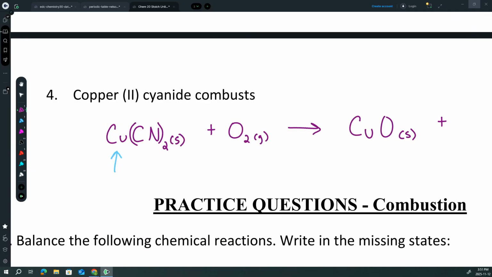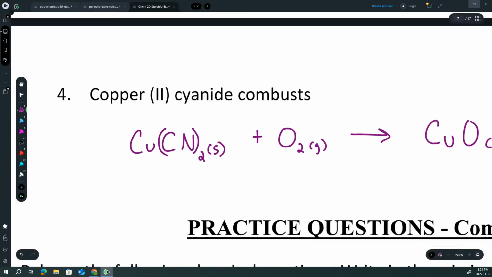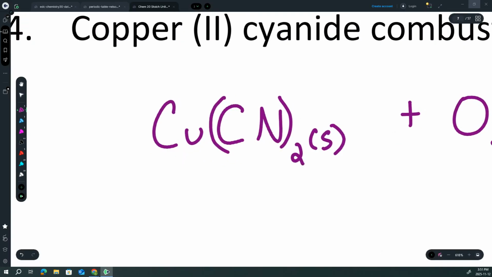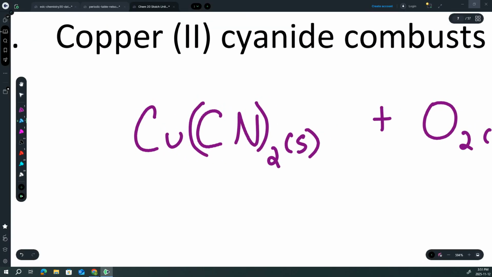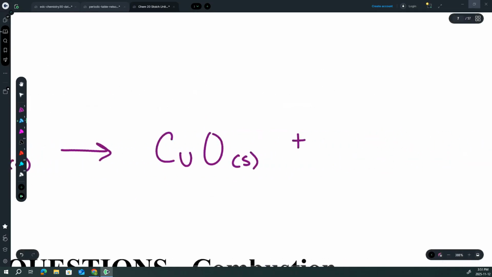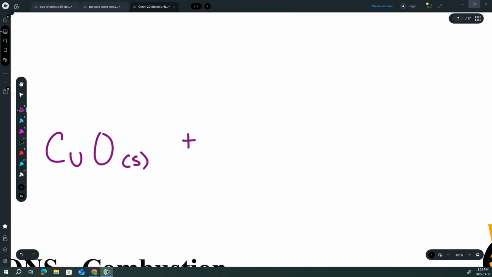So we're just going down the line here with our first compound, this copper 2 cyanide, and we're just saying, okay, oxygen is reacting with all of these. What is the most common oxide that can form with each of these elements? Okay, so most common oxide formed with carbon, well, that's going to be carbon dioxide.